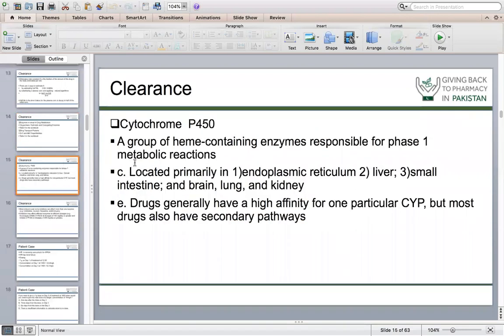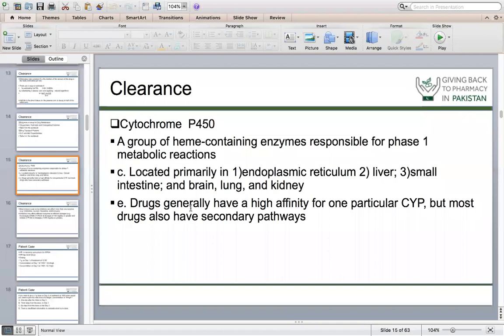Now talking about clearance, cytochrome P450 is the most important enzyme group associated with metabolism, and it's a group of heme-containing enzymes responsible for phase 1 metabolic reactions, which we have already learned in our pharmacy schools. And where are these located? These are located primarily in the endoplasmic reticulum of the liver, small intestine, brain, lung, and kidney, right?